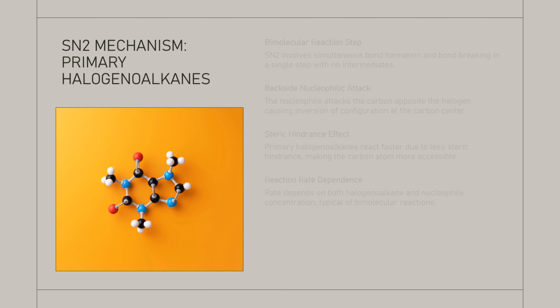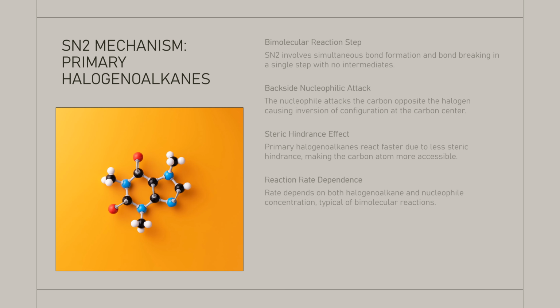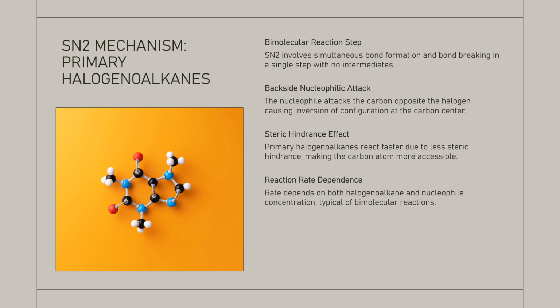The SN2 mechanism, or bimolecular nucleophilic substitution, is characteristic of primary halogenoalkanes and some secondary halogenoalkanes. In this mechanism, the nucleophile attacks the carbon atom from the side opposite the halogen, leading to the simultaneous formation of a new bond and breaking of the C-X bond. This occurs in a single step, meaning there is no intermediate species formed.